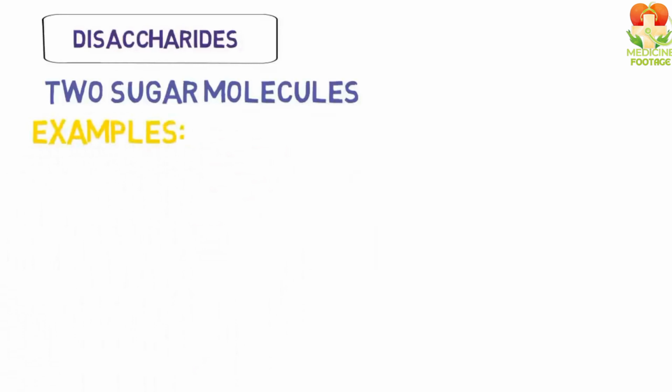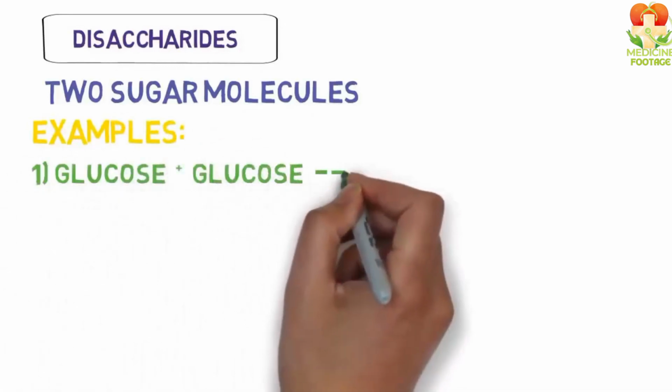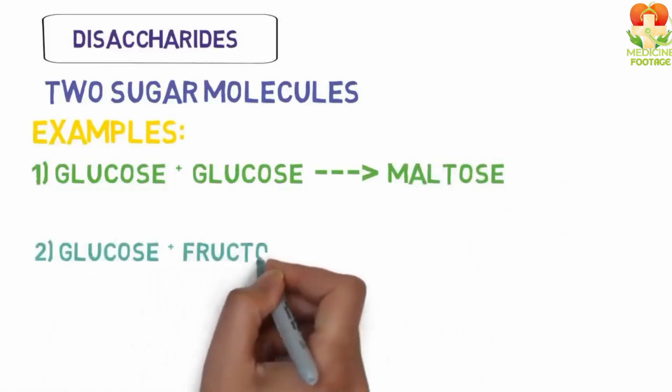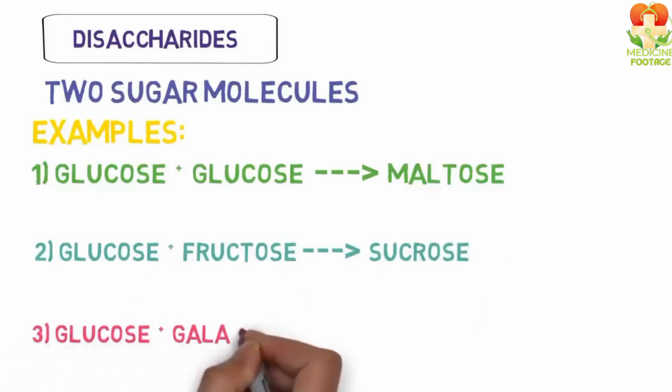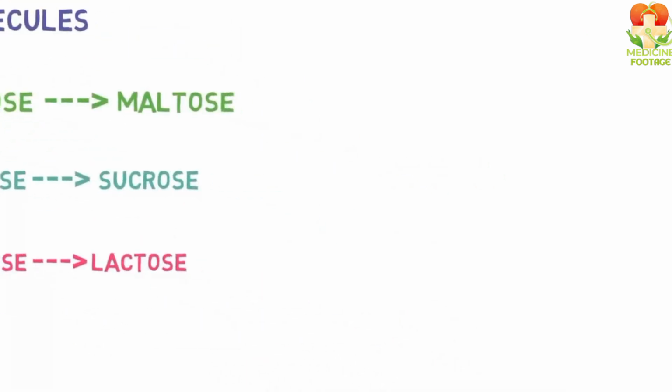When two monosaccharides combine, they form disaccharides. For example, glucose and glucose combine to form maltose, glucose and fructose combine to form sucrose, and glucose and galactose combine to form lactose. So, maltose, sucrose, and lactose are examples of disaccharides.